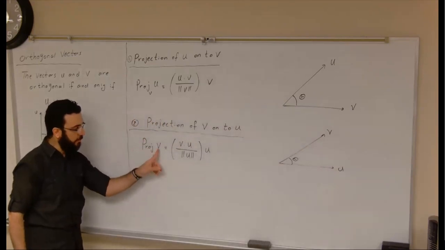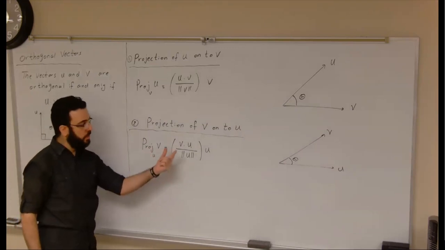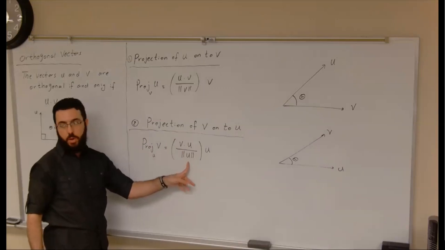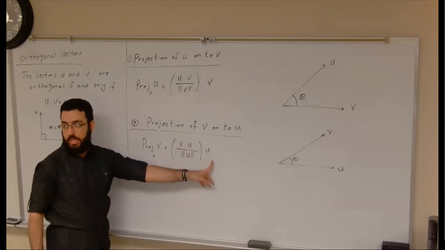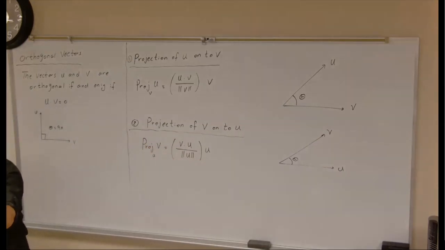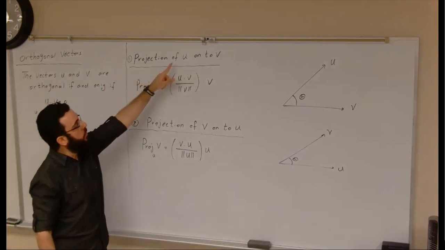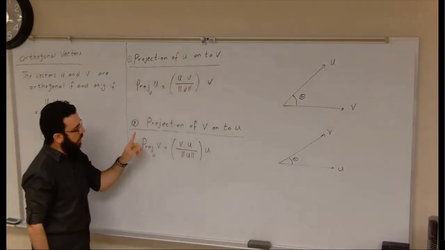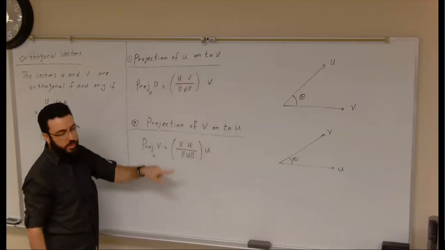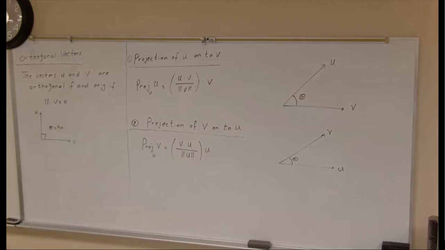The projection of v onto u is going to be the dot product between v and u over the length of u, times the vector u. So you have to look at what they tell you, projection of u onto v or v onto u, because there's a difference in the rule. You got it? Do exactly the same steps.